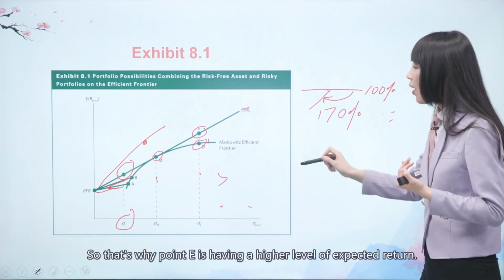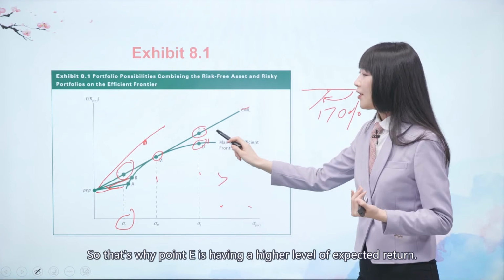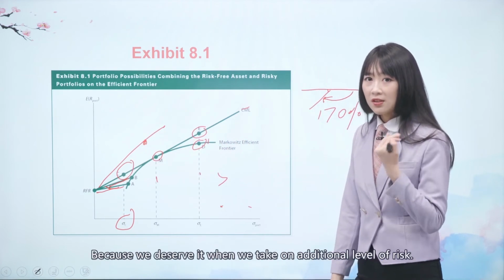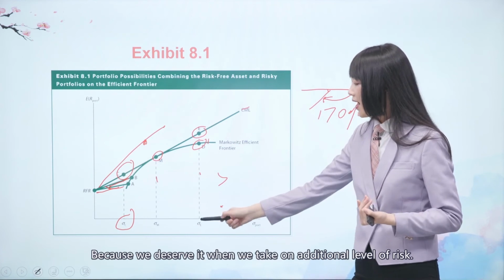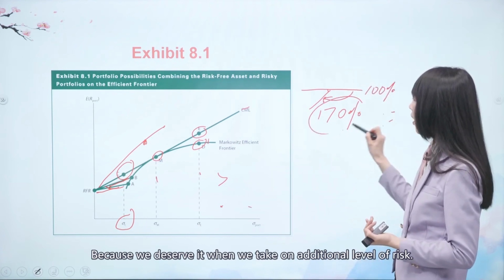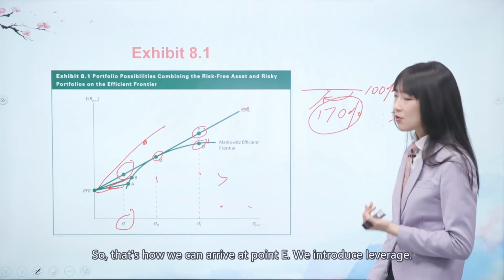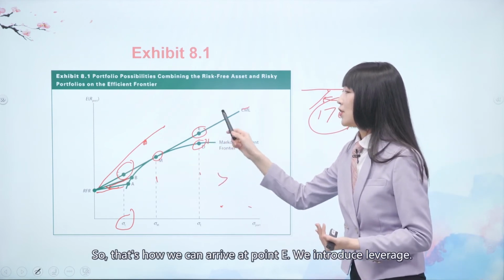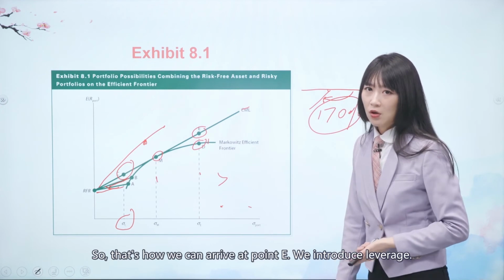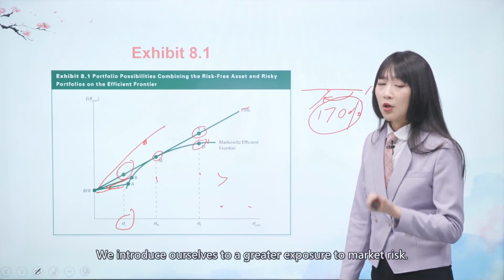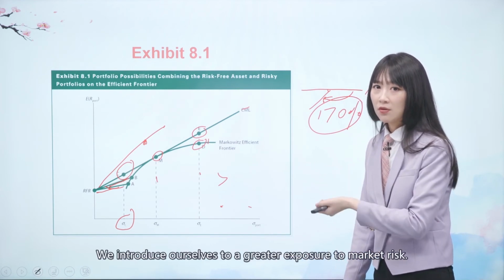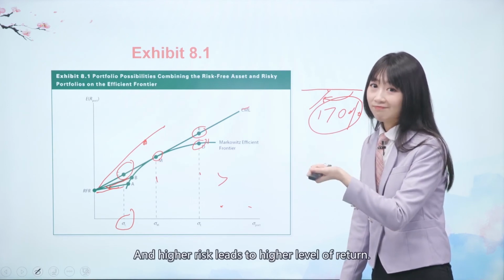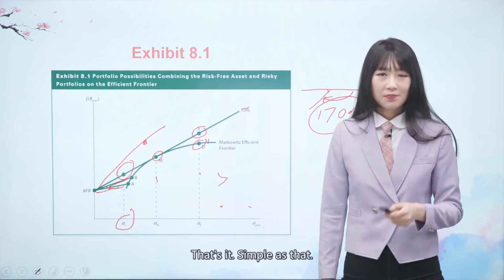So that's why point E has a higher level of expected return, because we deserve it when we take on an additional level of risk. So that's how we can arrive at point E. We introduce leverage. We expose ourselves to greater market risk. And higher risk leads to a higher level of return. That's it. Simple as that.